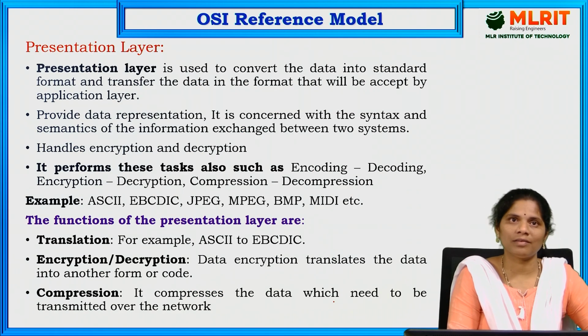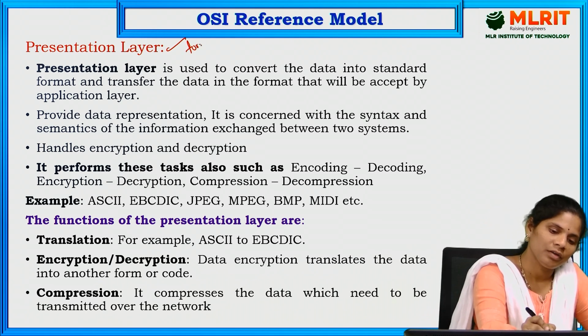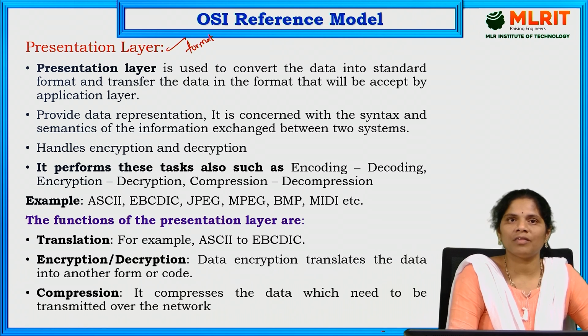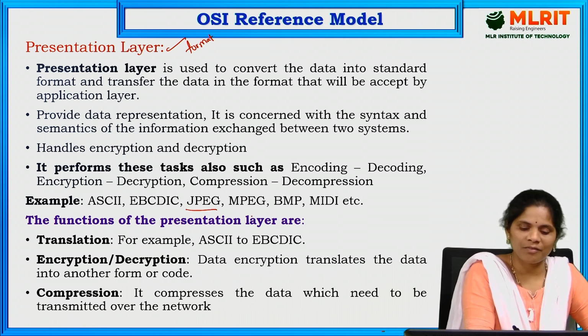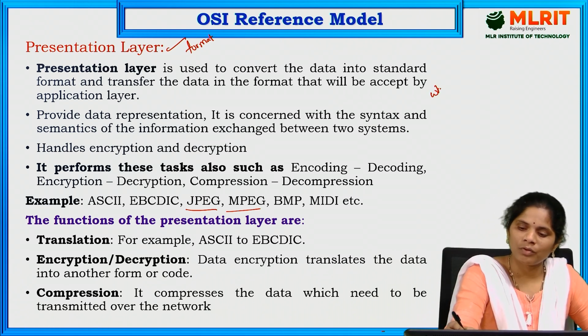And next one is the presentation layer. What is the presentation layer? Presentation layer means, as I already said, format. Which format do you want to send the data in? That may be JPEG file, MPEG, GIF, smileys, emojis. Not only Gmail, you can take WhatsApp also as an example. How are you going to send the data?